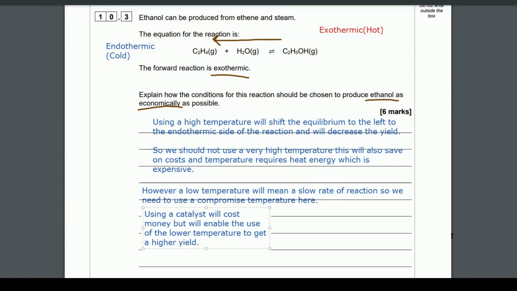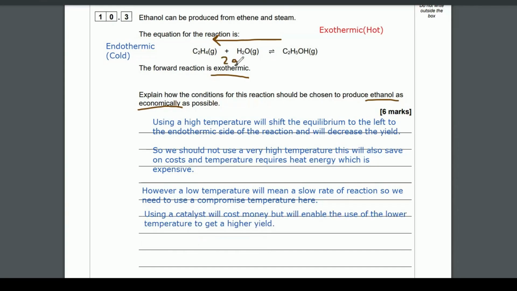Now, what about pressure? We need to consider pressure as well. So when you look here, we've got two gas molecules on this side and one gas molecule on this side. Now, this is good news for us because it means if we use a high pressure, it's going to force the equilibrium to shift to the right, meaning a higher yield. So use of a higher pressure will shift the equilibrium to the right, as this is the side with the least gas molecules.